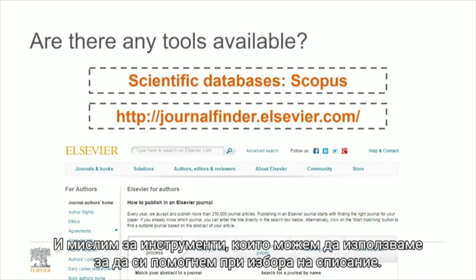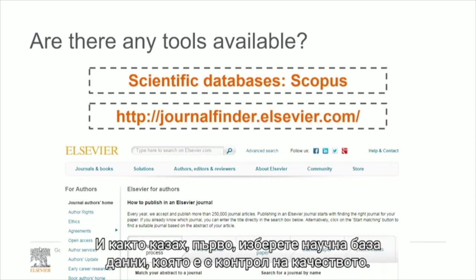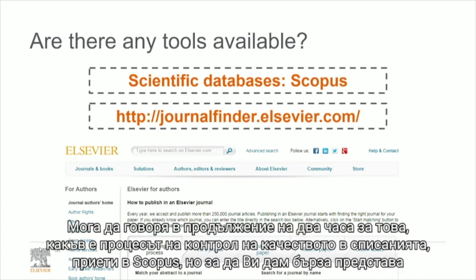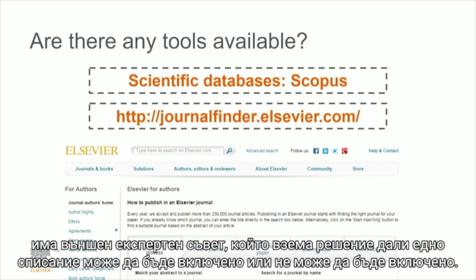All right. And speaking of tools, we can of course use tools to help ourselves in choosing the journal. And as I said, first of all, choose a scientific database. So databases with quality control. I could speak for 2 hours about what is the process of quality control in journals accepted into Scopus, but to give you a very quick idea, there is an external board of experts which makes the decision whether the journal can be included or cannot be included.